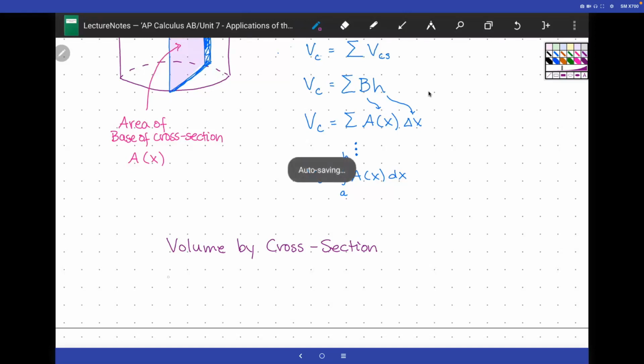I'll show you how to find it. So I am going to give you two different integrals. It's either the integral from a to b of A of x dx, if it's a dx problem, or I'll say the integral from c to d of A of y dy if it's a dy problem.